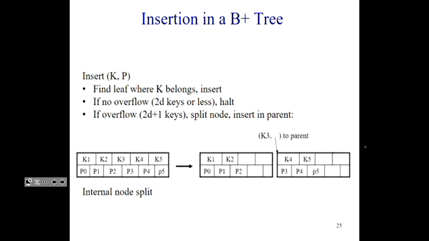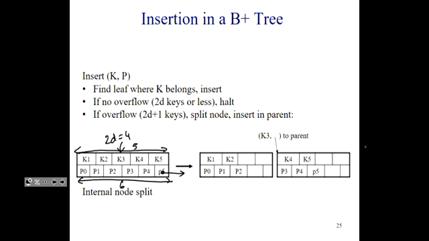Okay, so let's say my 2D was 4, like in the previous case, I've gone and inserted something into a leaf. Now I have 5 keys and therefore 6 pointers. Of course, one of these pointers could be a pointer to the next leaf.